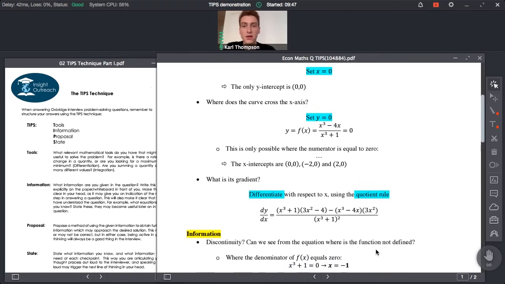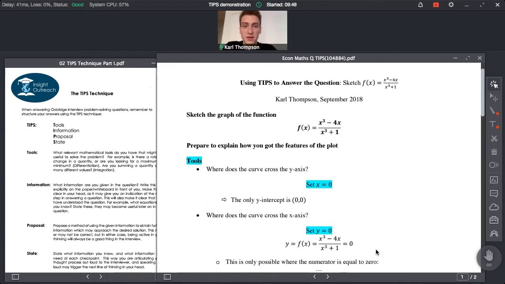Now, what information are we given in this question? Not much. And there might be an example where there's more information in the question. But what we can work with here is the fact that this has a numerator and a denominator. This function will not be defined for when the denominator is equal to 0.